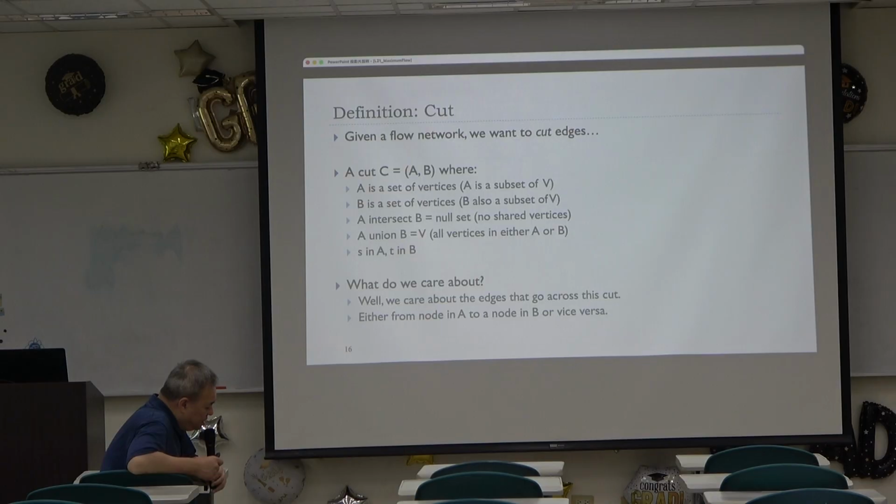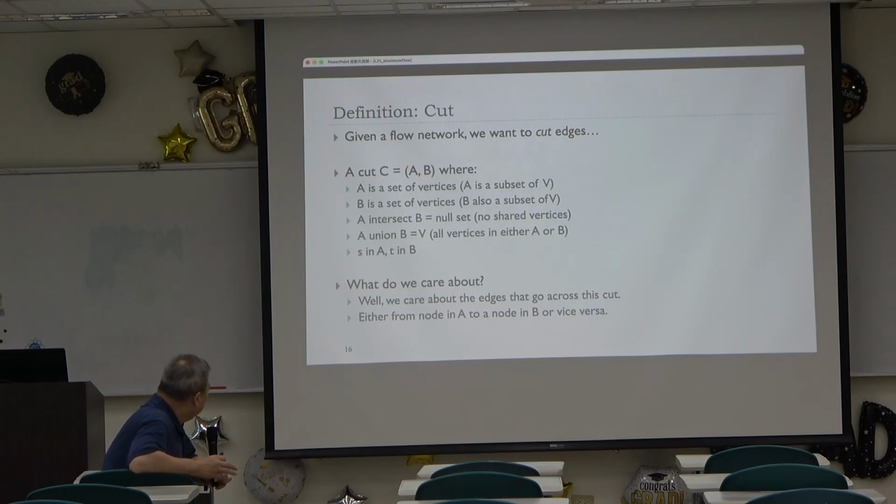So given a graph G, that consists of V and E, the cut will break the vertices into two subsets. Okay. One is A, one is B. And these two subsets have the following properties.